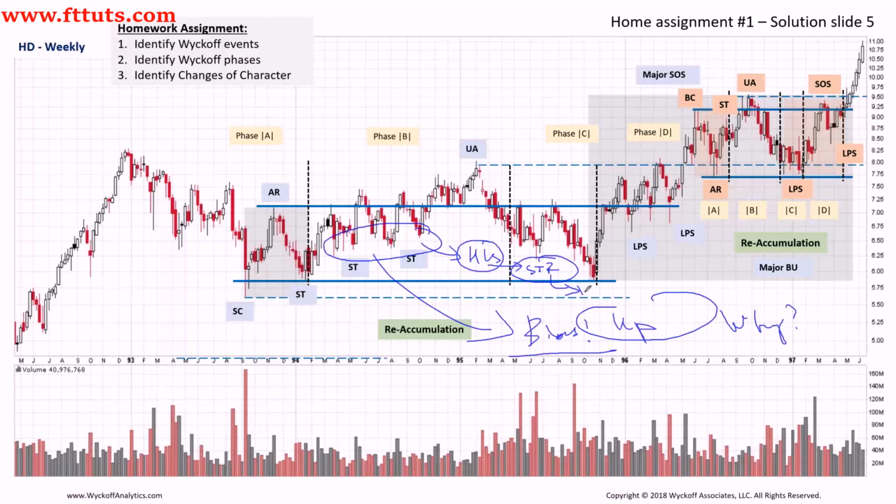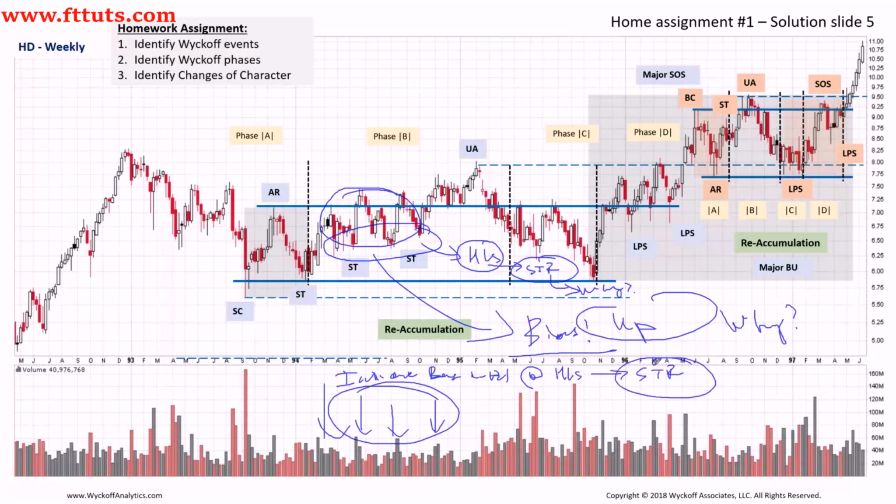Why is this a point of strength? Well, think about the institutions here, right? So someone's selling, but then someone's coming in and still produces some buys. So institutions are buyers in phase B at higher lows.